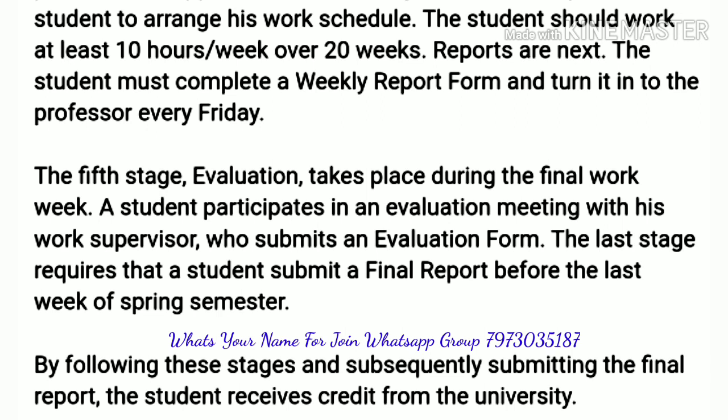The last stage requires that a student submits a final report before the last week of spring semester. By following these stages and subsequently submitting the final report, the student receives credit from the university. So this was just a simple elaboration of the whole flow chart.